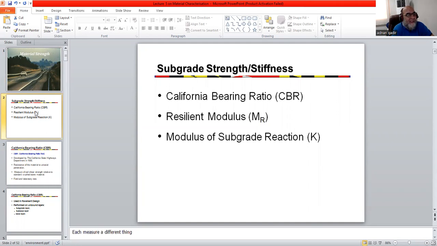The resilient modulus is the input of soil strength in one of the recommended methods of pavement design of highways, specifically the flexible pavement design of a highway, while modulus of subgrade reaction is used for rigid pavement design. So, in the course of this time, we'll discuss one by one.